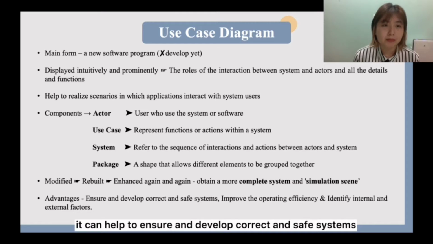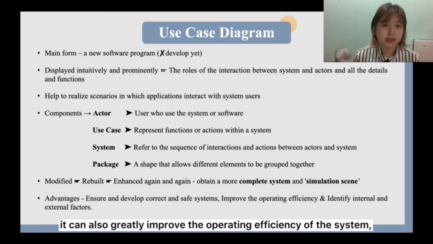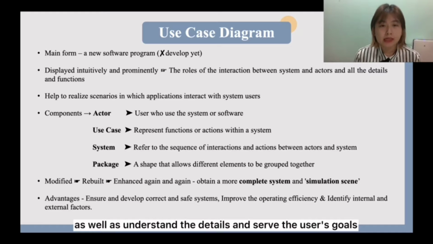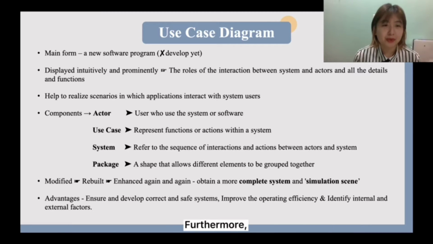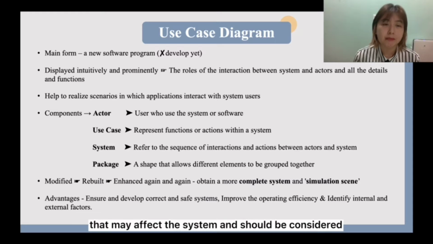Therefore, it can help to ensure and develop the correct system. Not only that, it can also greatly improve the operating efficiency of the system, as well as understanding the detail and serve the user goals. Furthermore, it can be used by developers to help to identify the internal and external factors that may affect the system and should be considered.